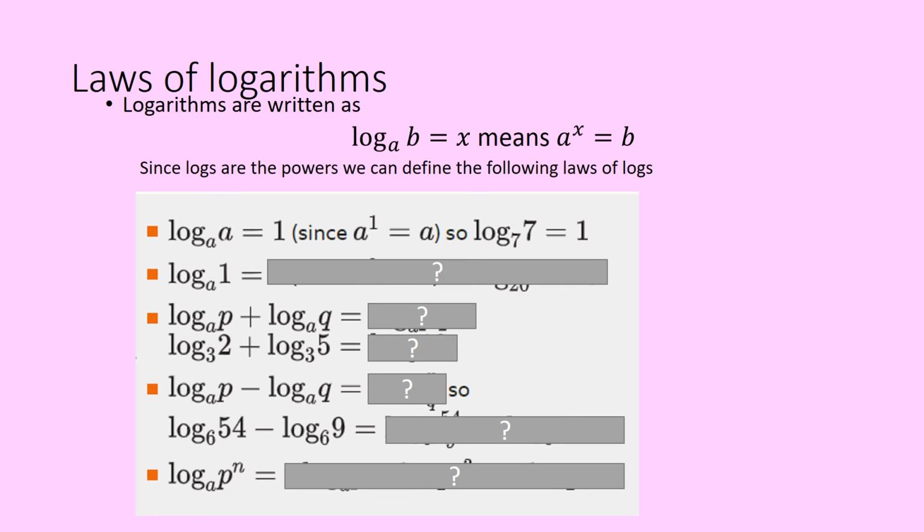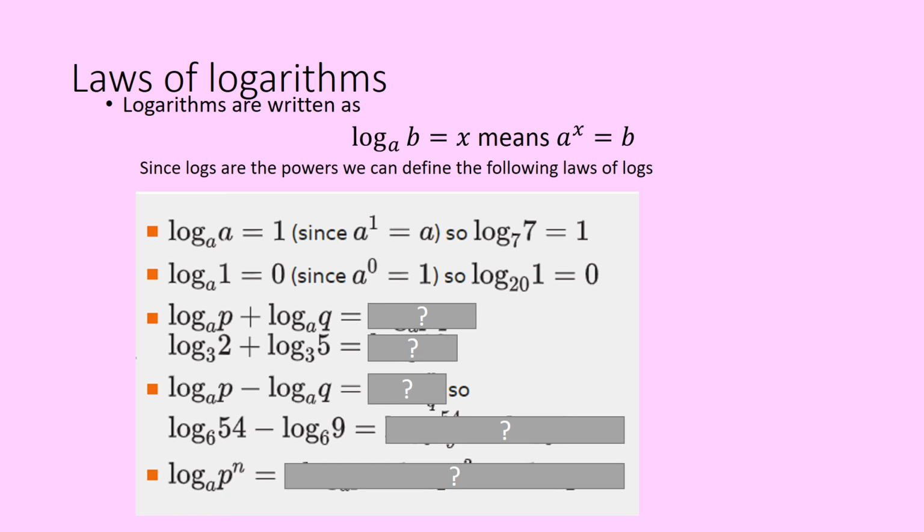Therefore, log base a of 1 is 0, since a to the power of 0 is equal to 1. So, for example, if we had log base 20 of 1, well, 20 to the power of 0 would be 1, so log base 20 of 1 is equal to 0. Remember, the log is the power.